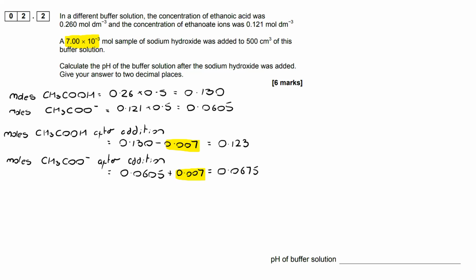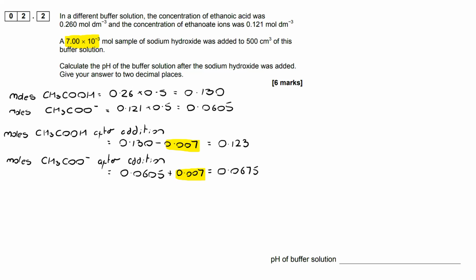Now, as we move through, I've then got to work out what's going to happen after addition of the sodium hydroxide. So when I add my 7 by 10 to the minus 3 moles of sodium hydroxide, I know that that's going to neutralise my ethanoic acid. So my ethanoic acid on a 1-to-1 mole ratio will go down by that amount, and I have the new figure.